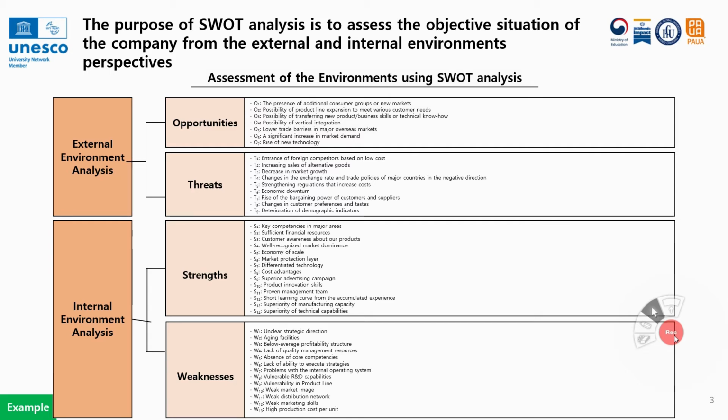And another example of the weaknesses is vulnerable R&D capabilities. Especially when the business of the company requires extensive activities in R&D, such as the semiconductor business of Samsung Electronics. Samsung Electronics' semiconductor business requires extensive R&D activities.